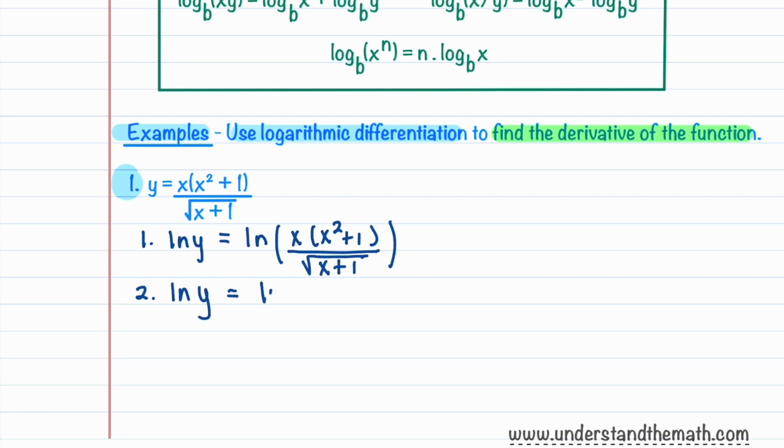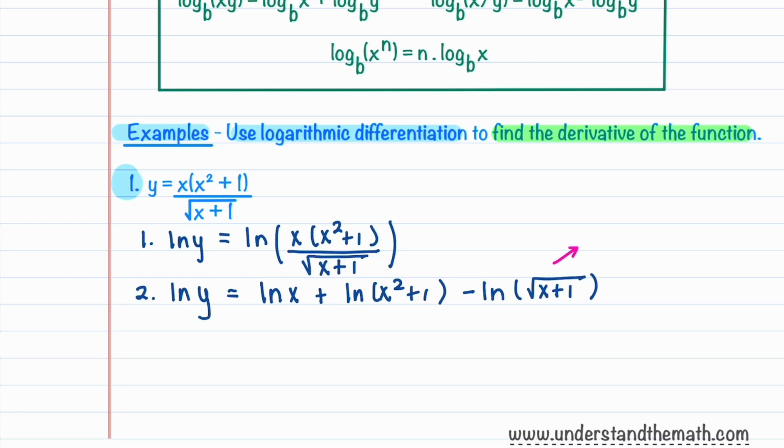So we're going to write this as ln x plus ln (x squared plus 1). You use a plus whenever things are multiplied. And then when things are divided, you use a minus. So we have minus ln of the square root of x plus 1.